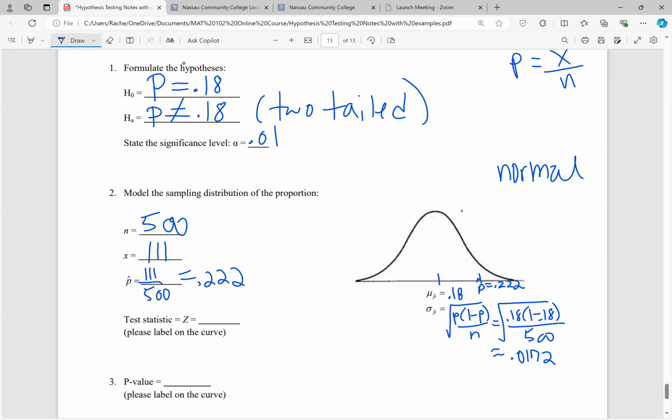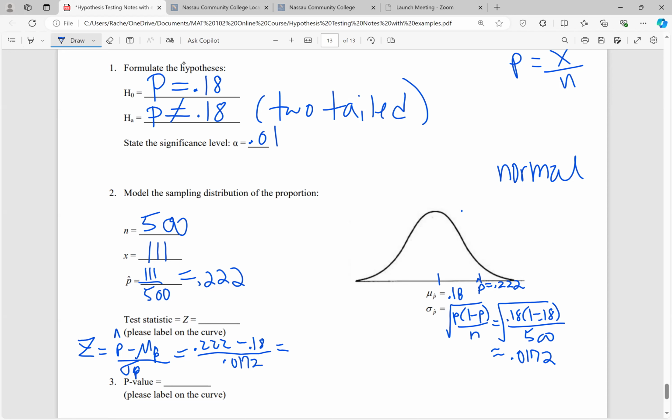So we're going to say z is equal to the data value minus the mean over the standard deviation. Let's plug in. So we're going to get 0.222 minus 0.18. That's the mean. And we have to divide by that standard error that we just got, the 0.0172.